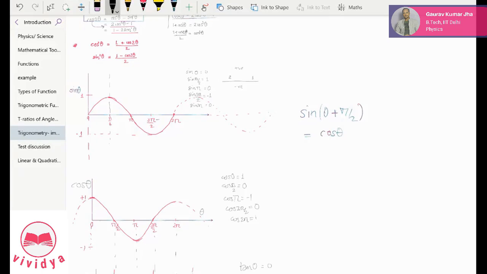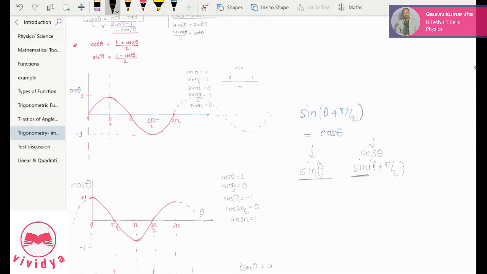So you can say that cos theta is a little ahead of sine theta by a value of pi by 2, because if you compare sine theta and sine theta plus pi by 2, which is actually cos theta, now it is a valid comparison where both are written in the same form.